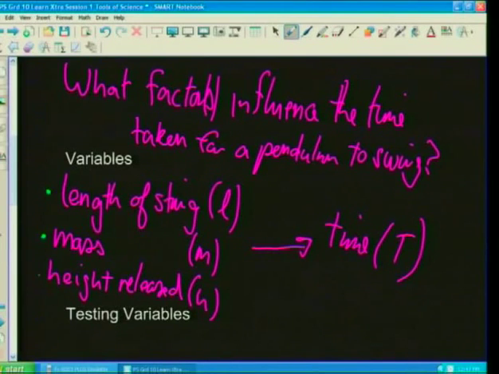All of them, maybe, but how are we going to test them? Now, here's the important thing that I want you to recognize. Even though we've identified all of these variables, length, mass, height, and we recognize the thing that they influence, the time, that's the outcome variable.